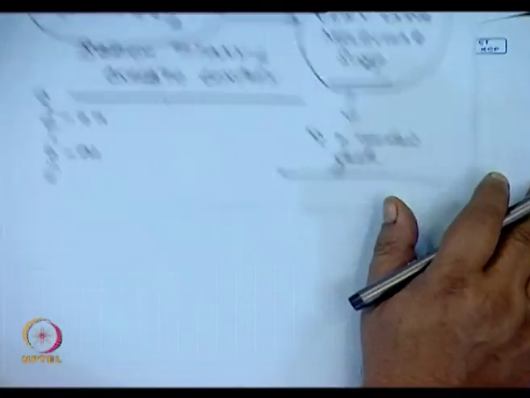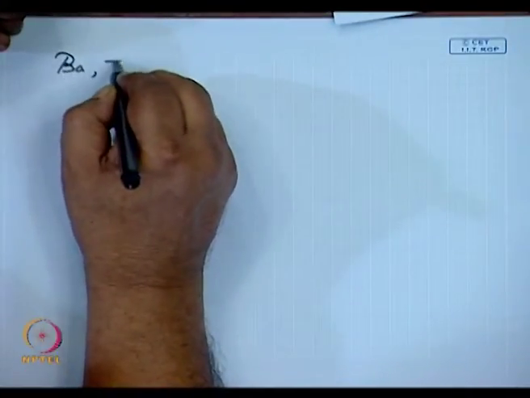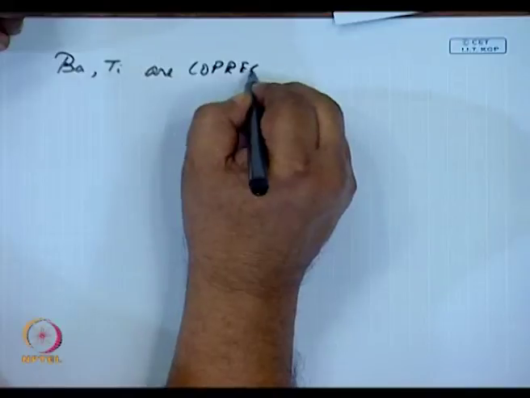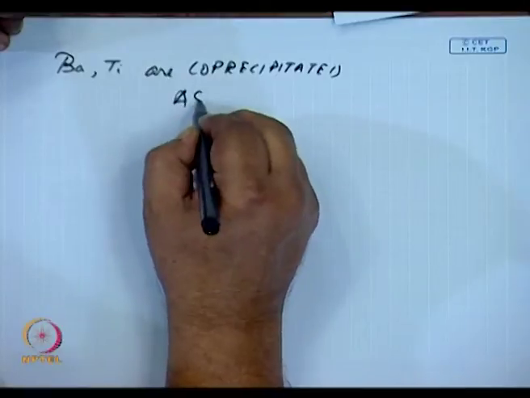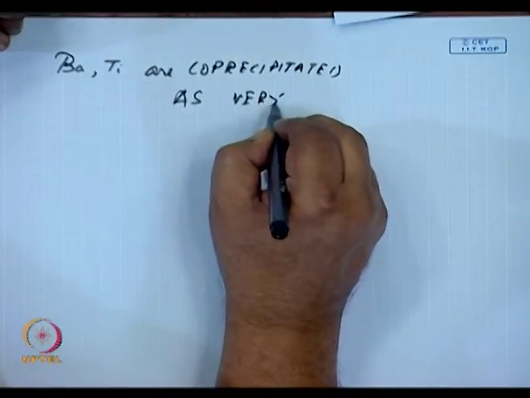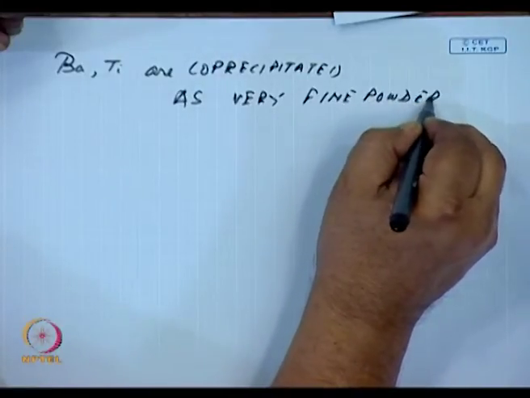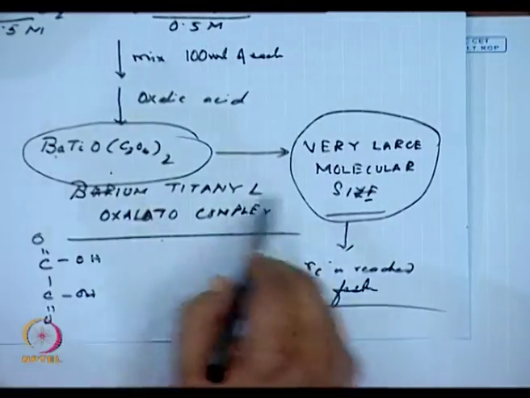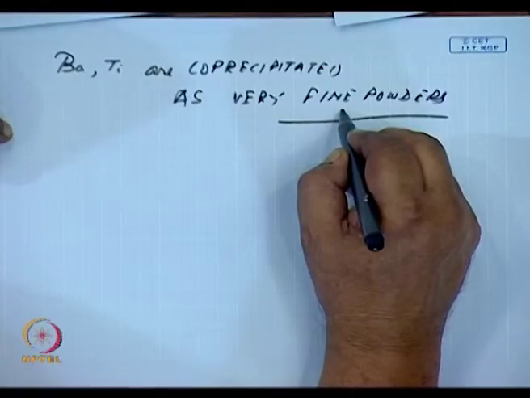And hence what happens over here is barium, titanium are co-precipitated as very fine powders. Because the barium titanyl oxalato complex size is very large, the critical radius is reached very easily, and hence we get very fine powders.